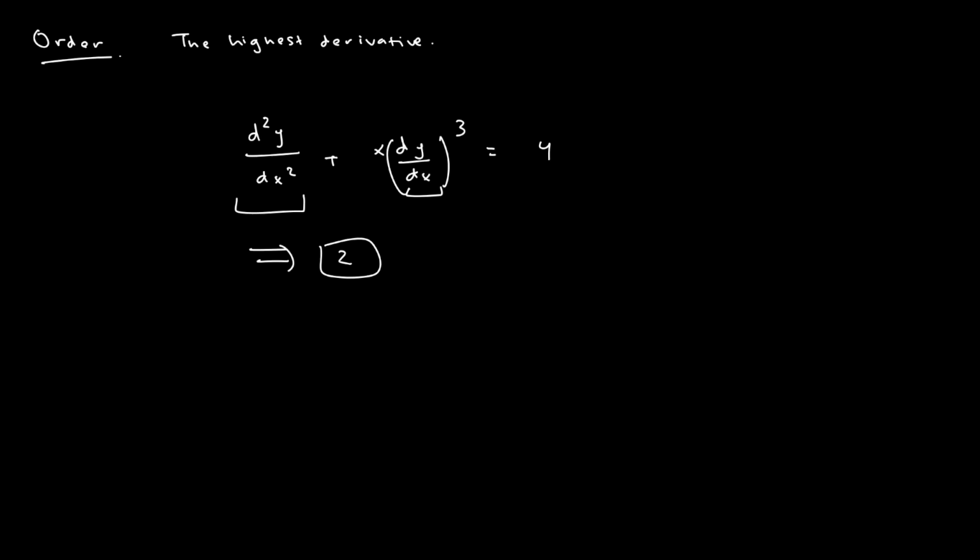One other thing that we're concerned with when we're dealing with diff EQs is whether or not a diff EQ is linear. This is very important because if a diff EQ is linear, we can utilize a lot of special properties and it makes our lives a bit easier.